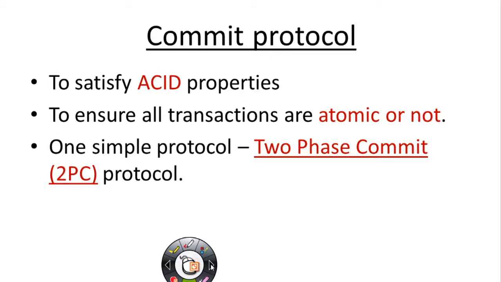These properties should be satisfied, as in a relational database management system executing in a centralized database. The same process has to be followed in a distributed database as well. And to ensure all transactions are atomic, we can use one simple protocol called the two-phase commit protocol. Two-phase commit protocol is one of the simple protocols.